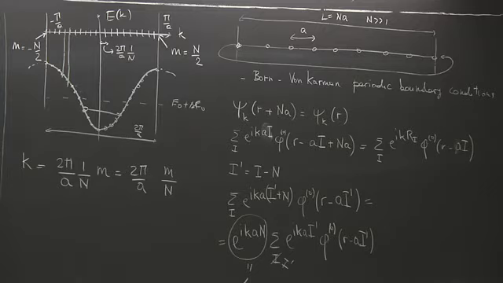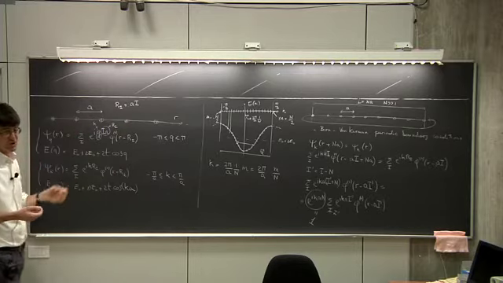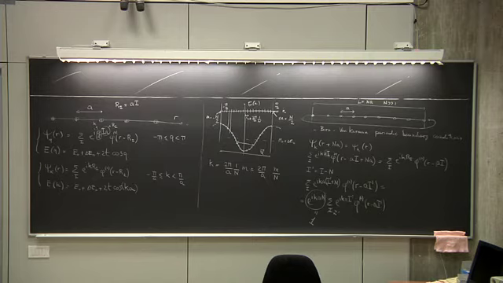How many electrons do we have now? Well, it depends on the problem. But if this is, for example, a chain of hydrogen atoms, that is, our orbitals are the 1s orbitals of the hydrogen atom, then each atom brings one electron to the problem.